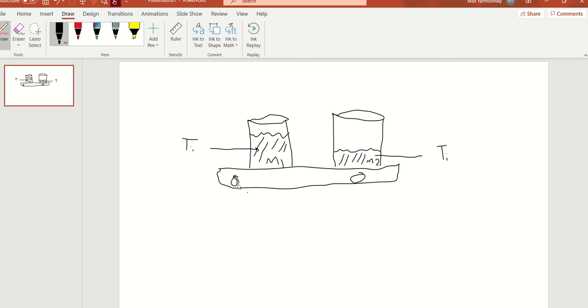Now, if we turn on the heat so that both cups receive the same amount of heat, then what we'll see over time is that if this is the heat that you apply to the cups, and this is the change in temperature, delta T, of each cup, we'll see that it looks like this for M2, and it looks like this for M1.